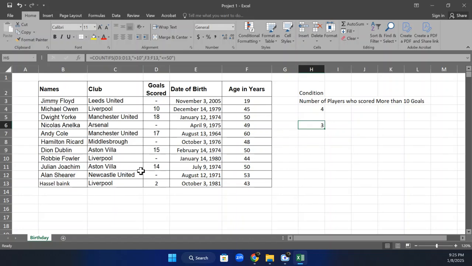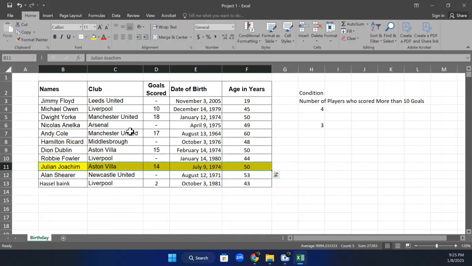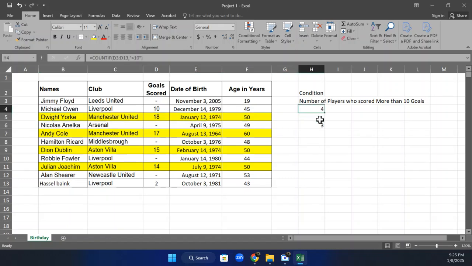When we try to see how many players scored more than 10 goals, we shall have this one, this one, and this one. So we have 4 players who scored more than 10 goals, but let us see the ones who are less than or equal to 50 years.